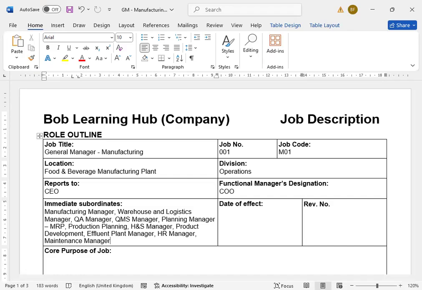You know, there could be a power plant that is going to be maintained and managed. There could also be, if the plant is fully automated, an automation manager, automation engineer. Then you're going to have an electrical engineer or a mechanical engineer or even a civil engineer for their projects.